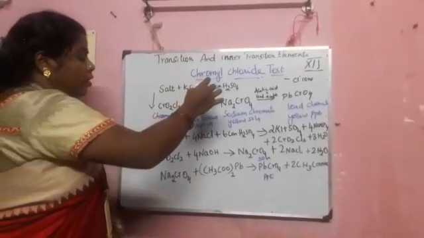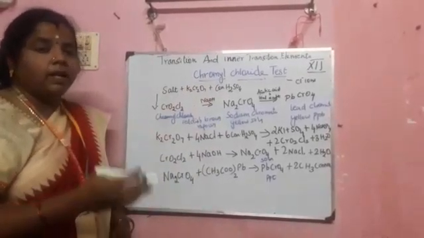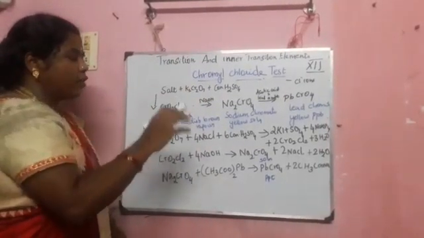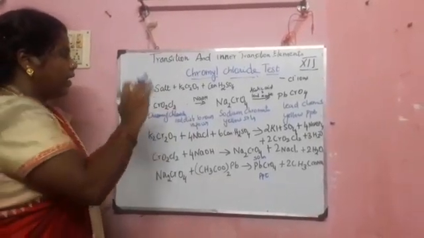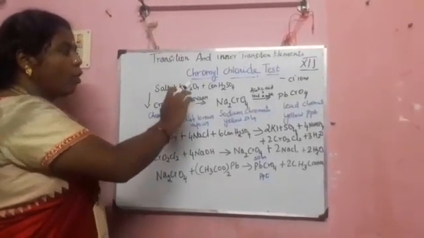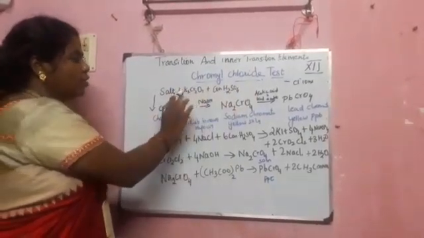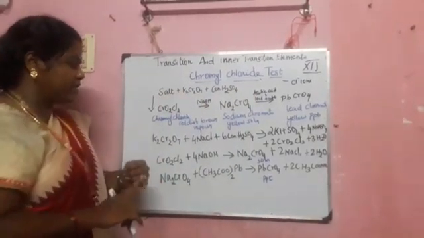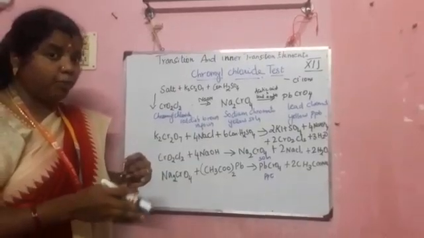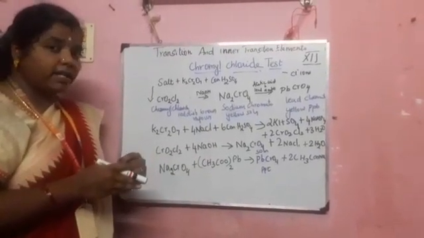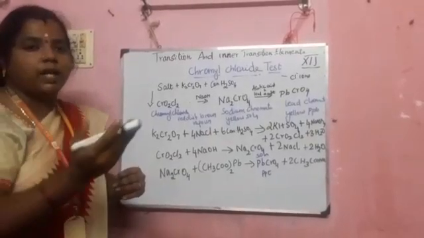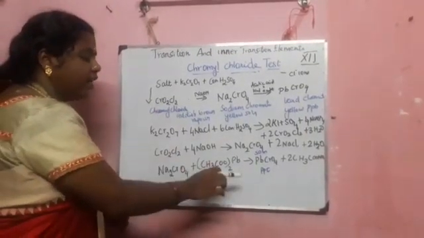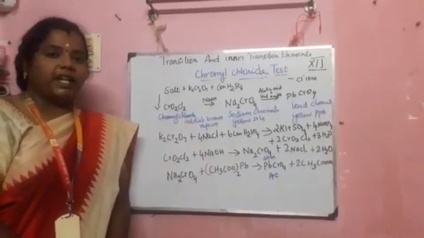Finally, that potassium dichromate is used for the chromyl chloride test. In the first step it gives dense fumes containing chromyl chloride. It will be very easy for you, both in the practical as well as the theoretical. Finally you get the yellow precipitate. Thank you.